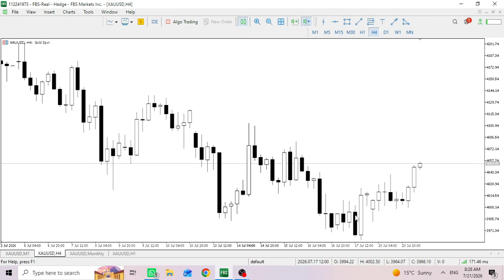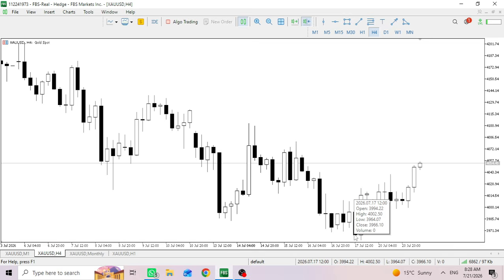This was a selling 4-hour candle. So if you took any buy trade here, unless it was a scalp, you lost the trade. The best entry was the highest point, 4002.50. That was the highest point where you are supposed to enter, to sell inside that 4-hour candle.